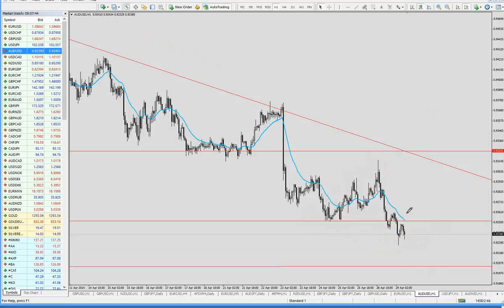So intraday guys, everyone knows that now people are trying to sell this line, right? So if you would like to sell intraday, I would wait for some intraday stop hunting, because the last move was from here.